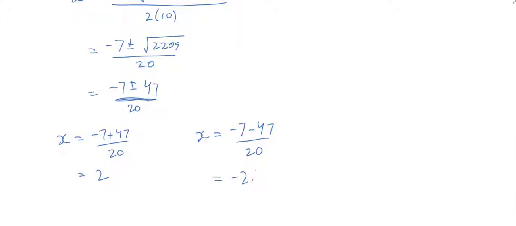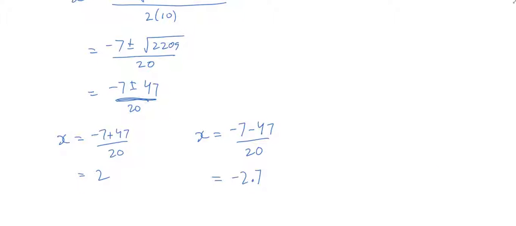Negative 2.7. That is not rounded. That worked out exact. Try it on your calculator again if you don't believe me. That worked out perfectly, because it was factorable, so I actually got an exact answer, not rounded. Good to notice on your calculator.